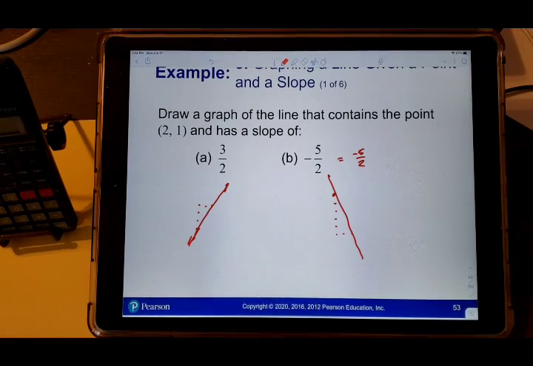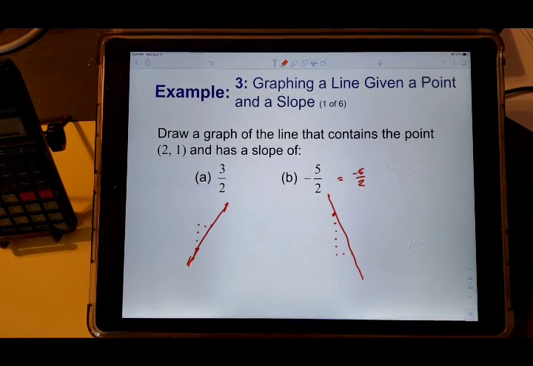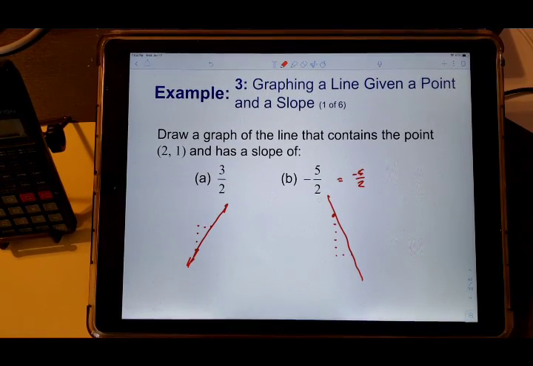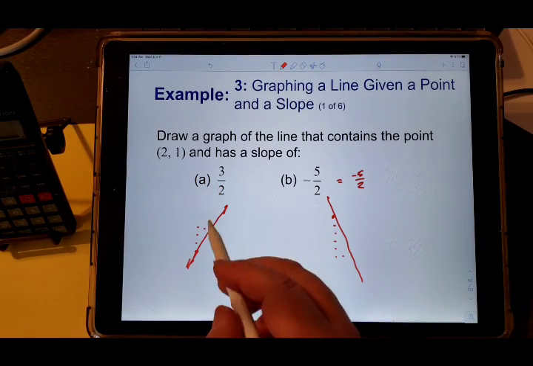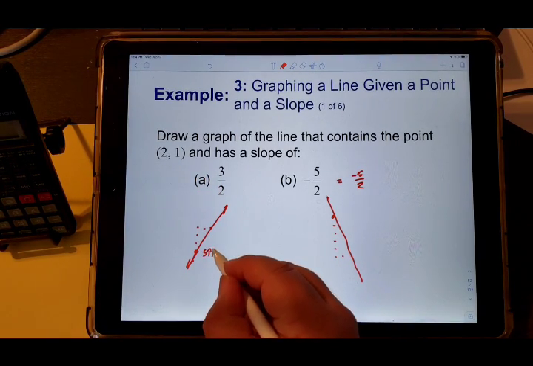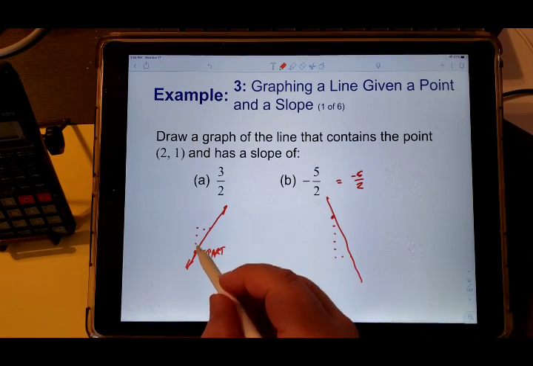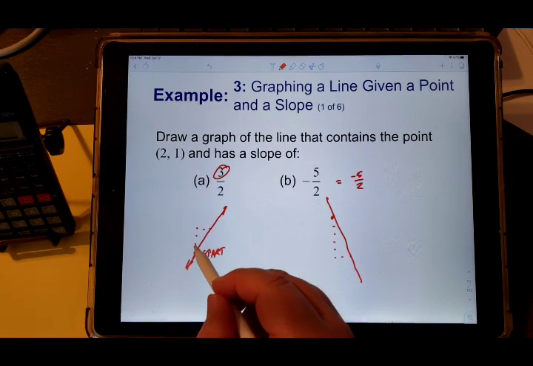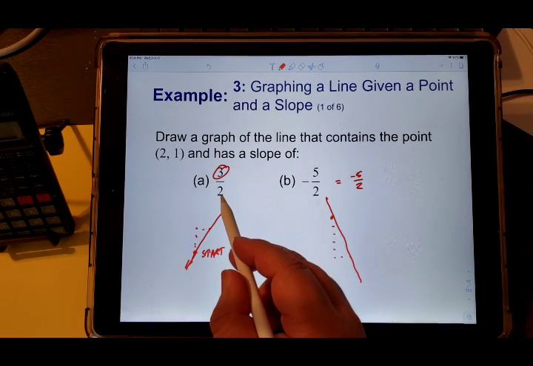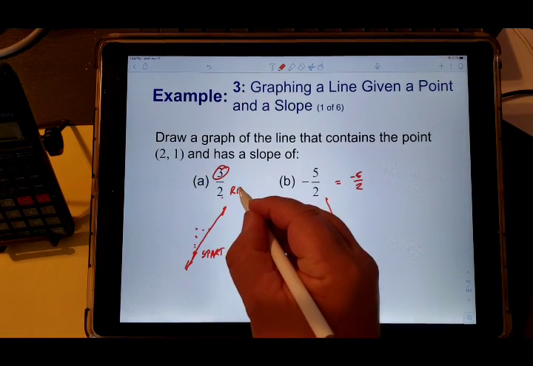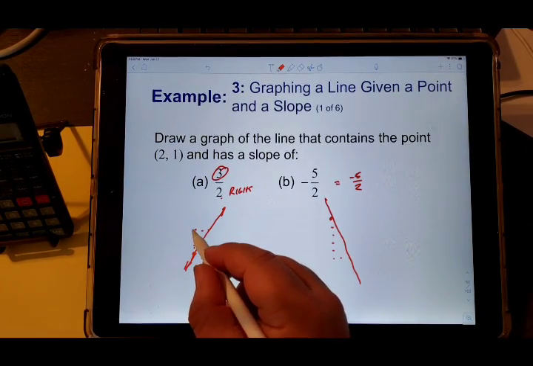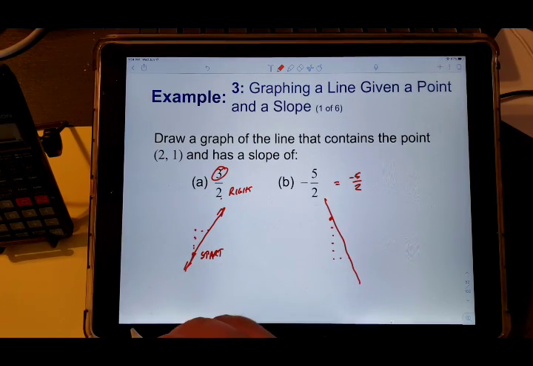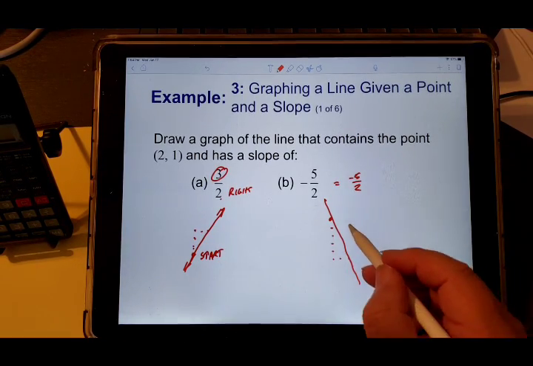All right, so I have this example. Next example. I didn't do the example, I just wrote a few things down, kind of what I was doing before. If they give you a slope, if you start somewhere, you know what happens. You know the rise is 3, 1, 2, 3, and the run, which you can think of as moving to the right, is 2. So if I go up 3 and to the right 2, I get that line, or that slope.